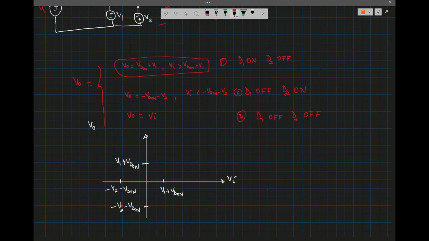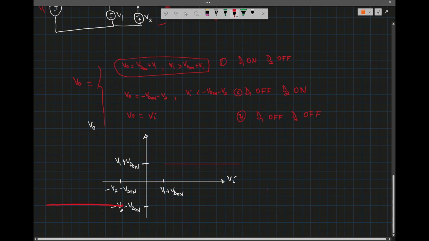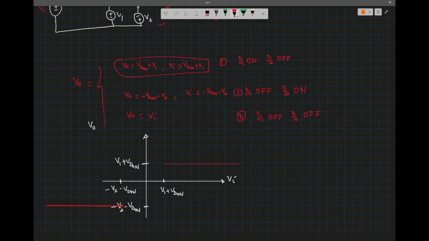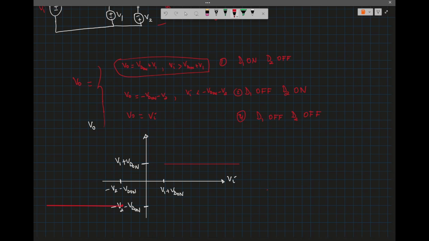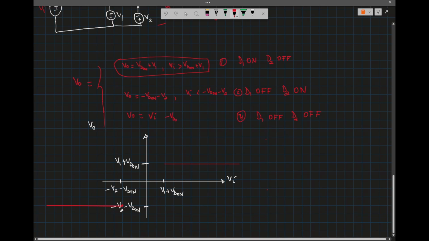VI will be this, and between these two the condition will be minus VD on minus V2 less than VI less than VD1 plus V1.